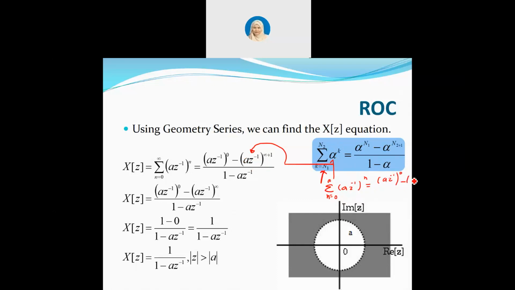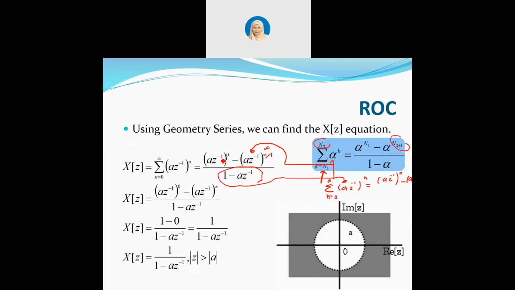Sorry, so it is (a z^(-1)) to the power n2 plus 1, and infinity plus 1 is also infinity. So this one is infinity, over 1 minus alpha, because our alpha is a z^(-1).